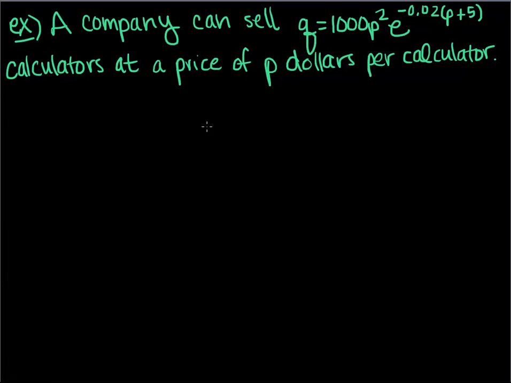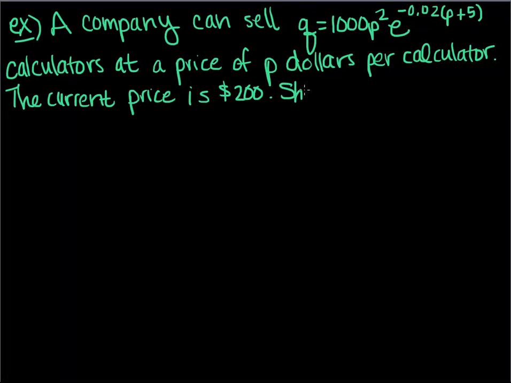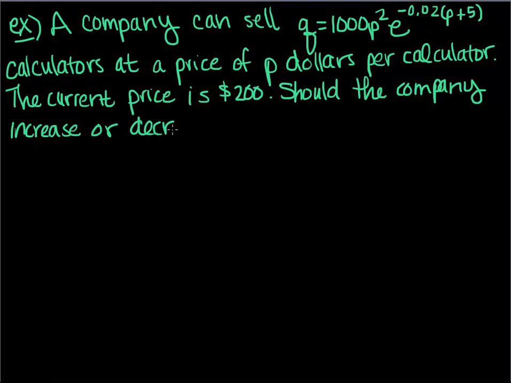The current price per calculator is 200 bucks. Should the company increase or decrease the price in order to increase revenue?